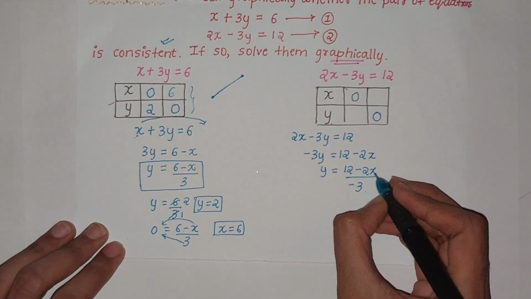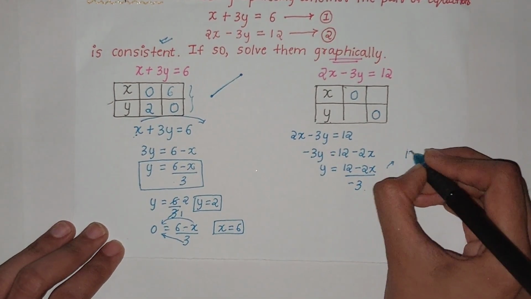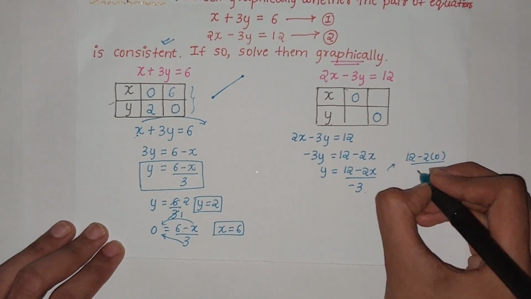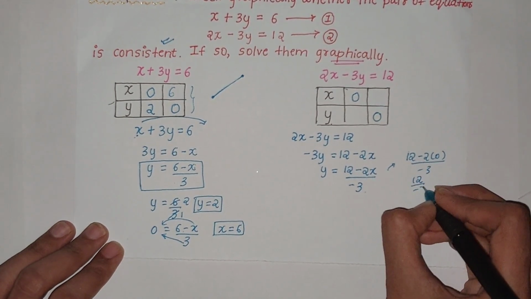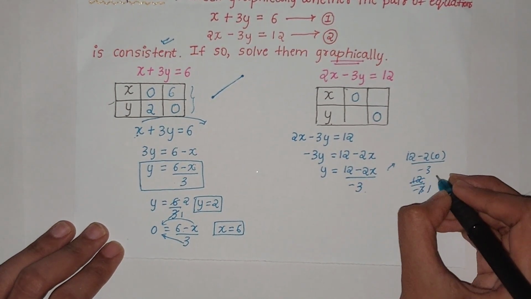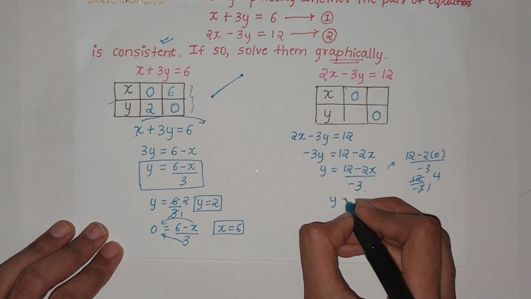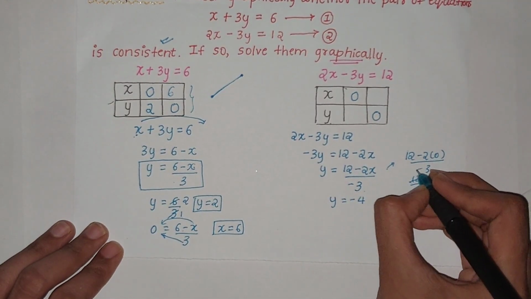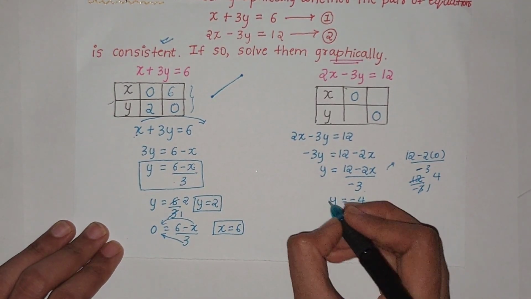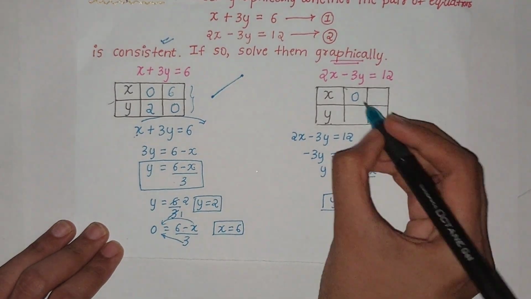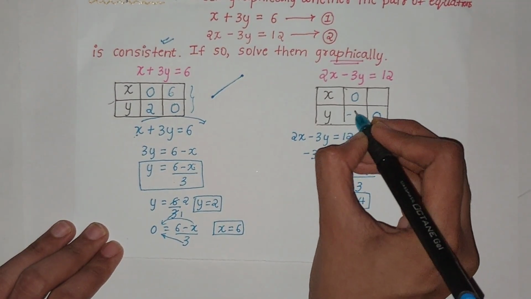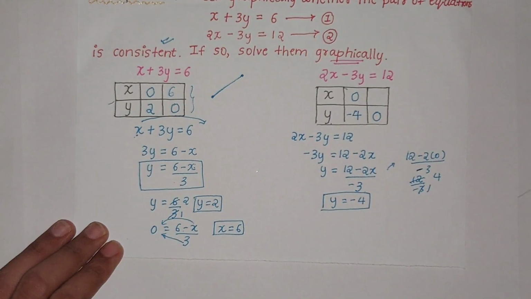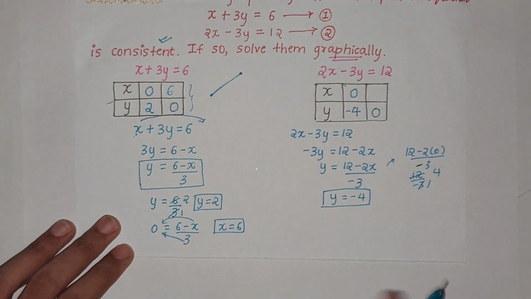When I put x = 0, observe: (12 − 2 into 0) upon −3, which is 12 upon −3. 3 ones are 3, 3 fours are 12. Then y will be equal to −4, minus because here you have minus. So y = −4 when x = 0. Now, what happens when y becomes 0?